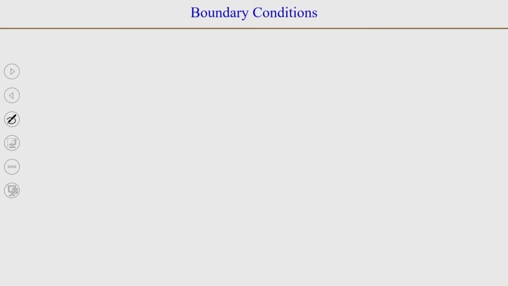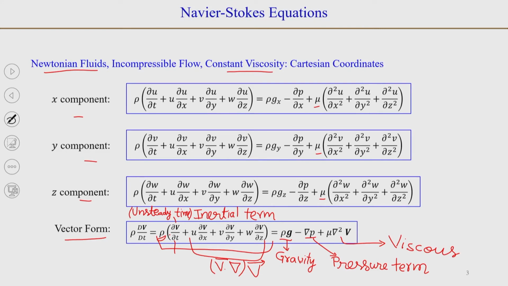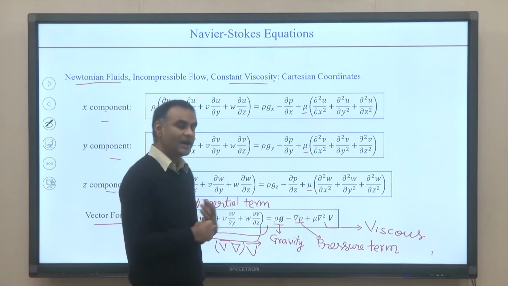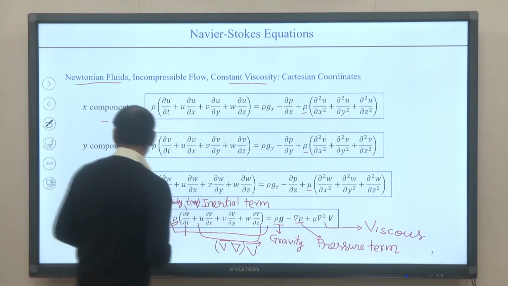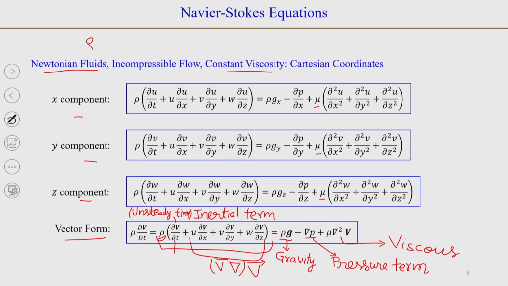Now, we have these equations. If you write in the vector form, you have this equation, because we are assuming the flow to be incompressible and of constant viscosity. So, rho and mu are constants. And you know the acceleration due to gravity.